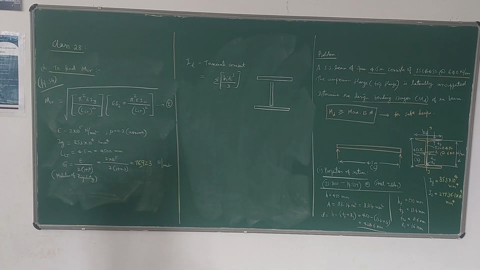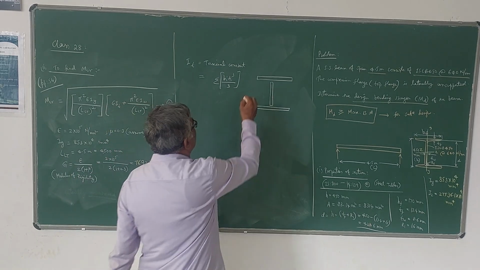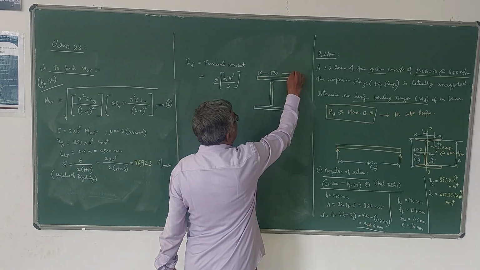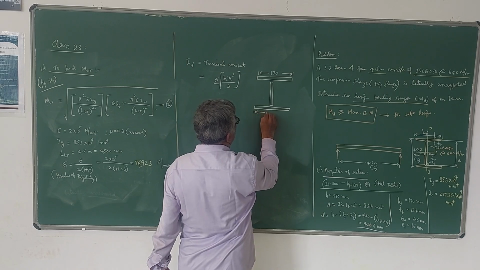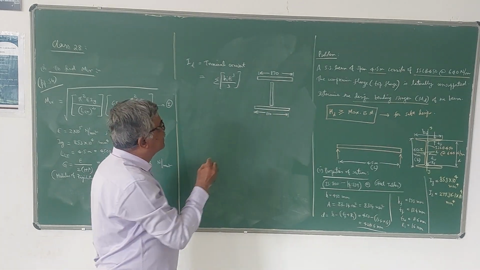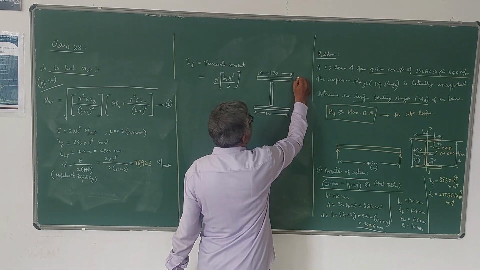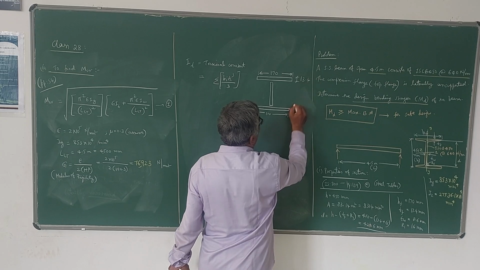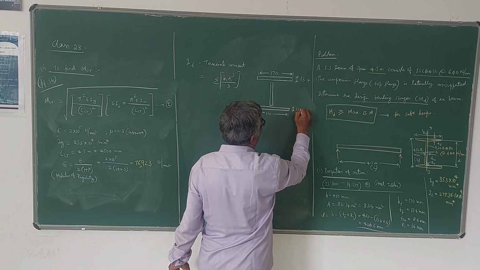What is the flange width? 170. This is also 170. Thickness of flange is 13.4, this is also 13.4.